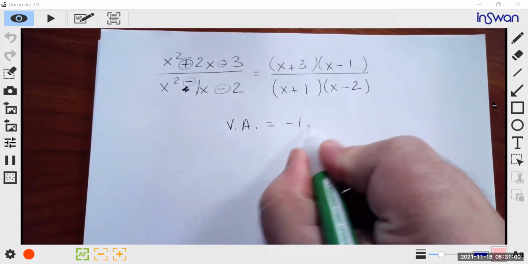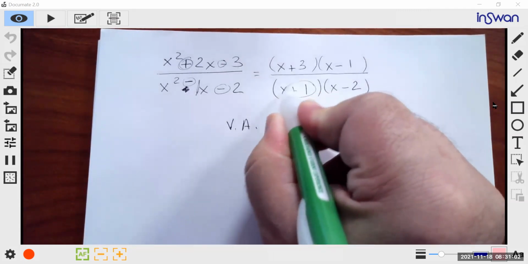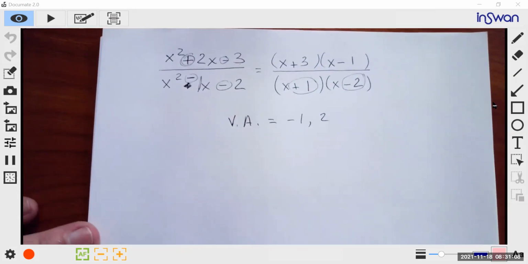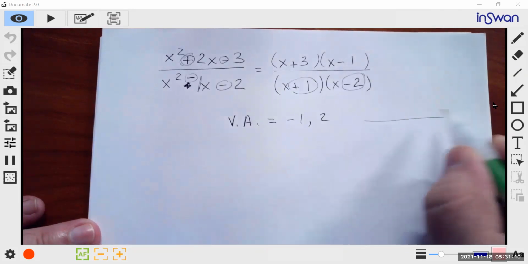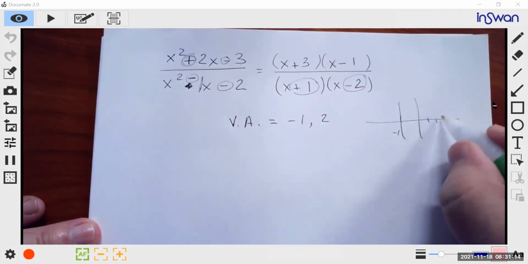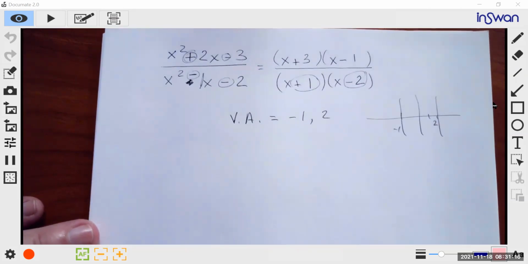Very good. It's always the opposite of what's inside the parentheses. And if you don't see that, set them equal to 0 and work them out. So at -1, we have an asymptote, and at 2, we have an asymptote.